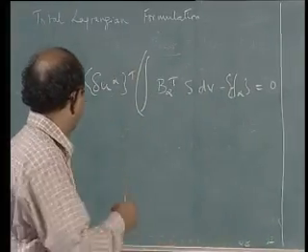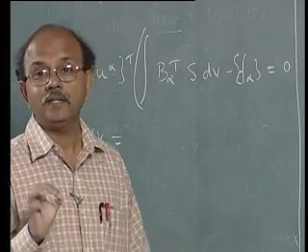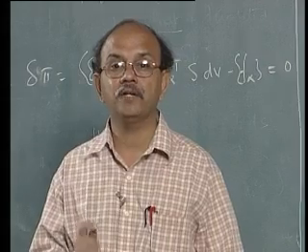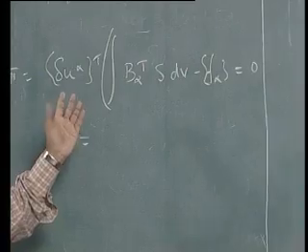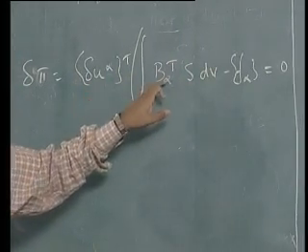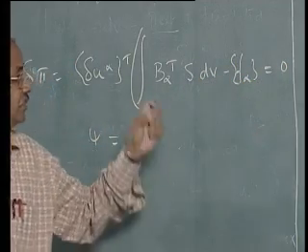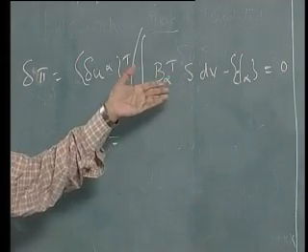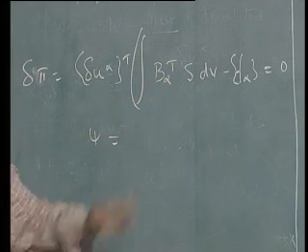In other words, this is my starting point for what? For the Newton-Raphson scheme. Remember that this is the starting point for my Newton-Raphson scheme. If you remember, these terms where B transpose sigma, delta U was outside, B transpose sigma minus F is equal to 0, this is how we started Newton-Raphson. Let me write it in the same vein as we did some time back, where we had B transpose sigma.